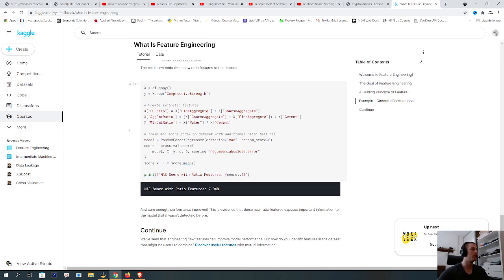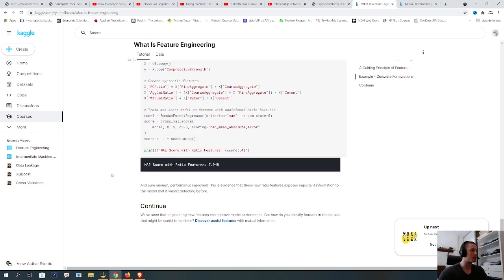So it's creating basically new columns that are the ratio of the other columns, one column divided by the other, which is a smart thing to do. And pretty much finding new ways to see the relationship of the data.